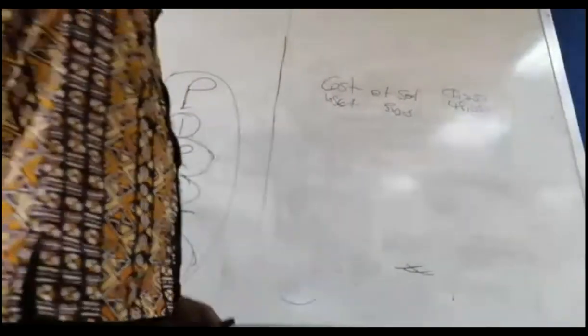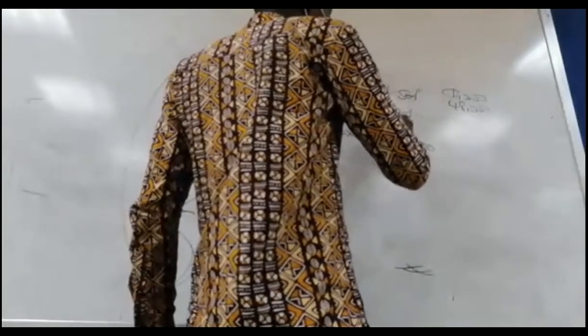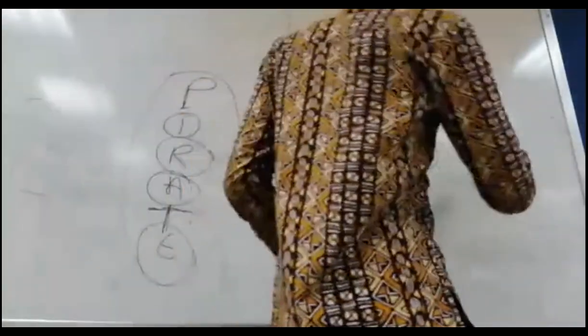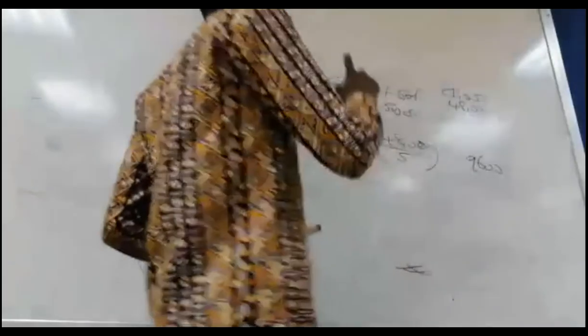That will be the amortization. So 48,000 over 5, this is what we get, 48 over 5. That gives us 9,600. So depreciation is 9,600 for a year.